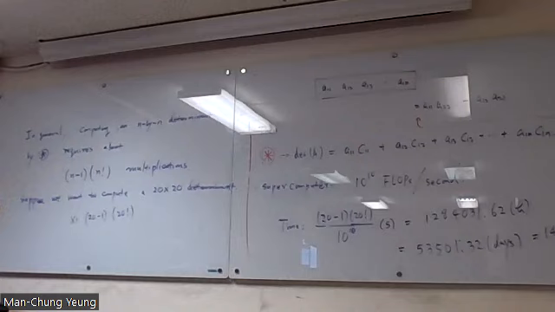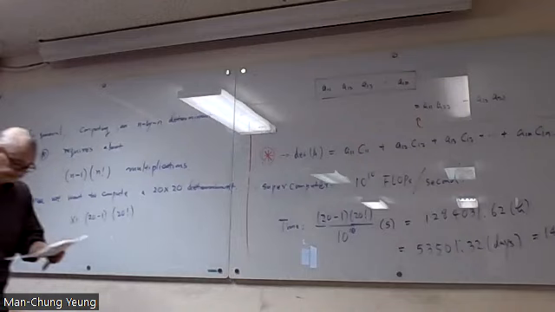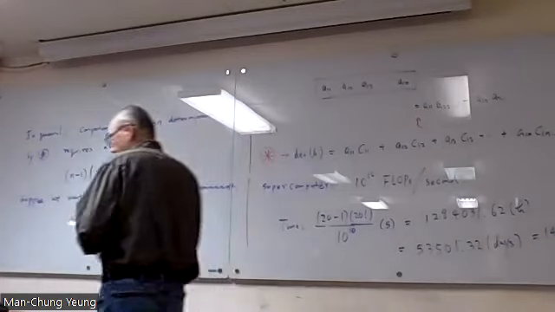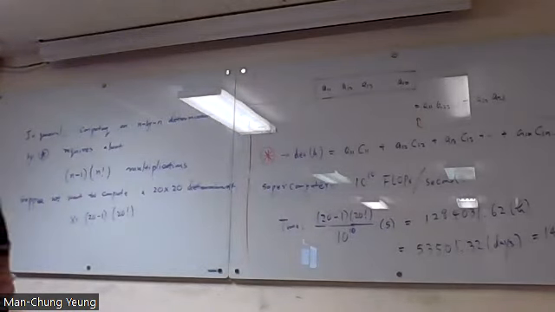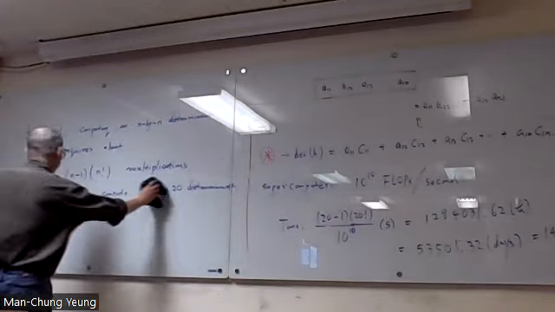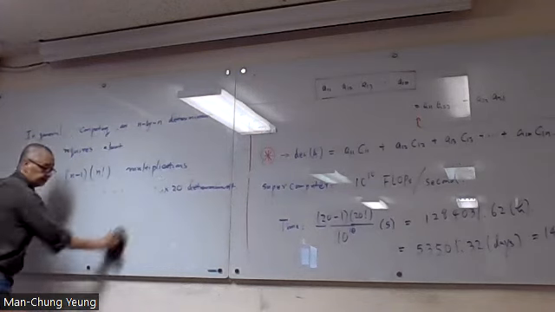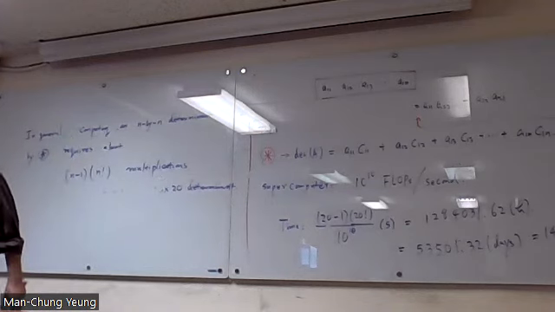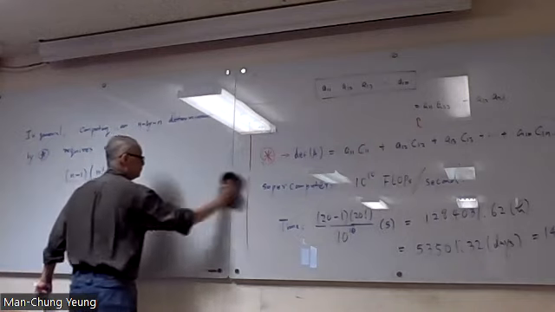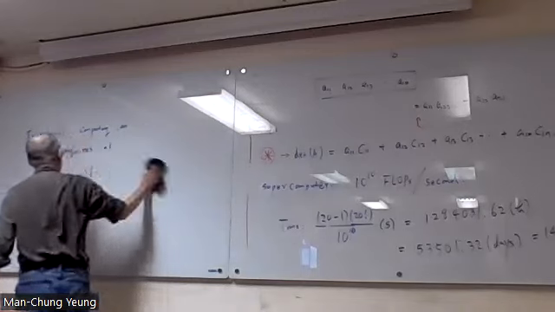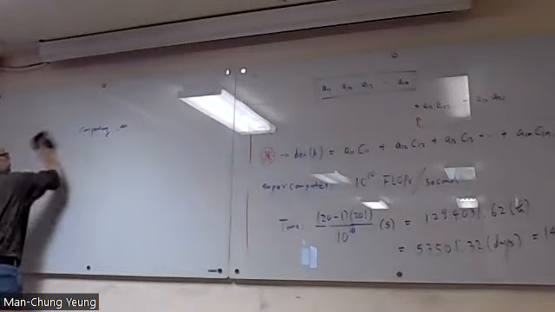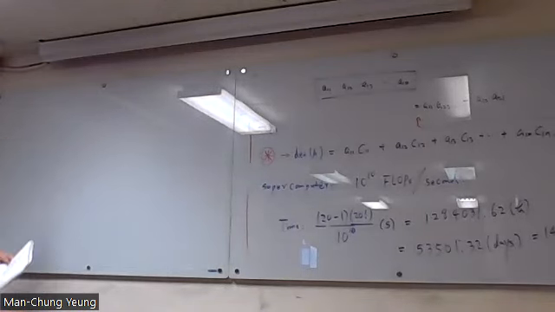A second example about bad method. One more, the last example. Example 2.